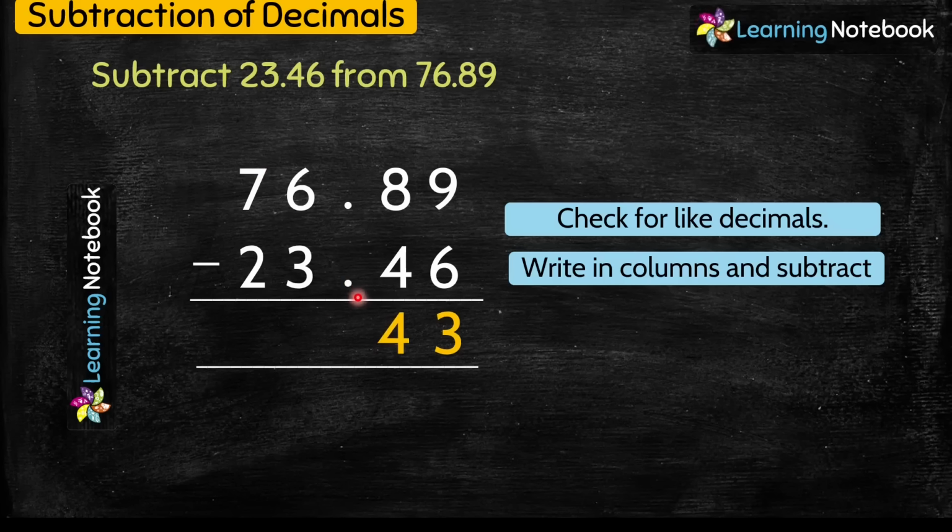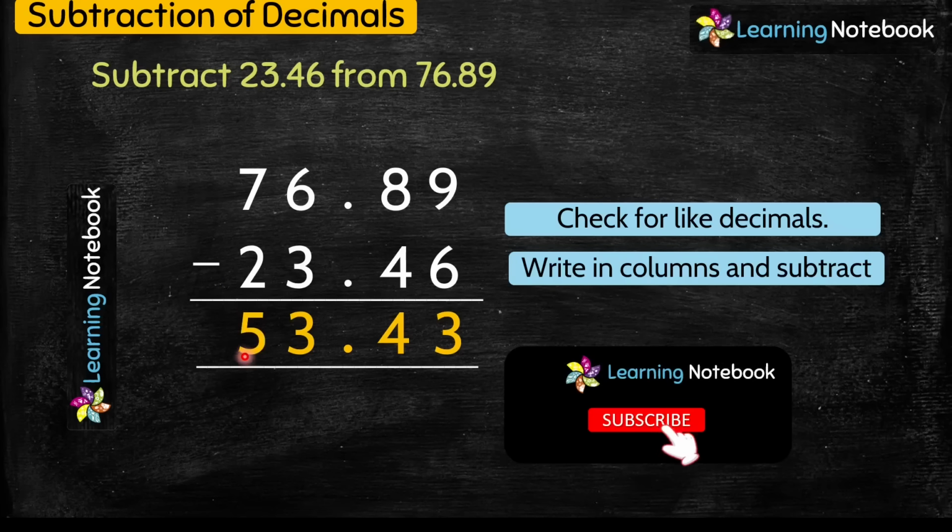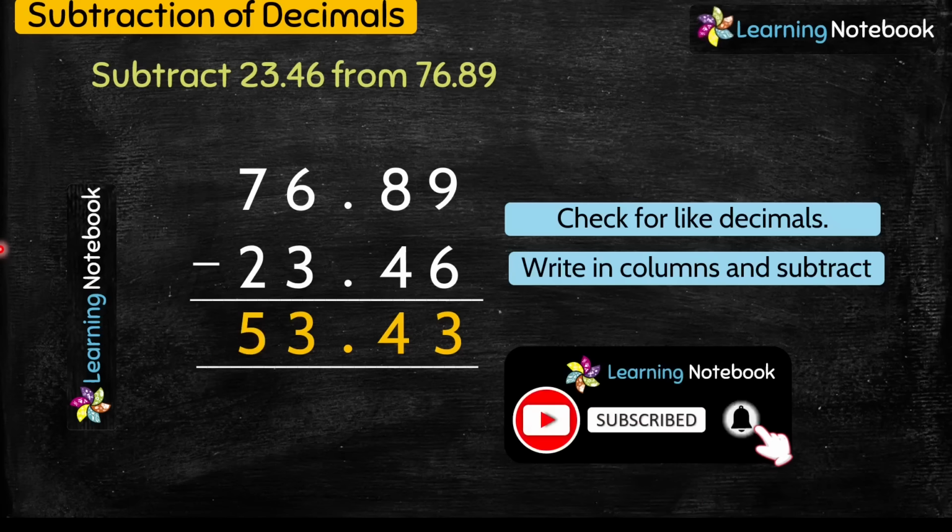Then put a decimal point in the answer, and then we will subtract the whole number part. So 6 minus 3 equals to 3, and 7 minus 2 equals to 5. So answer is 53.43.